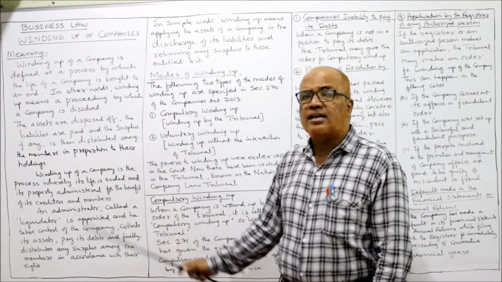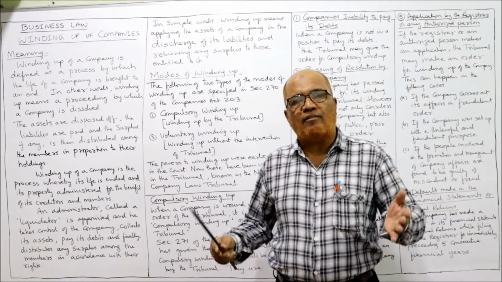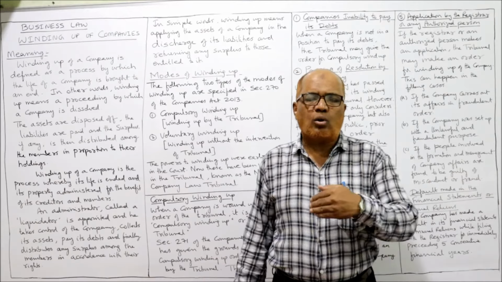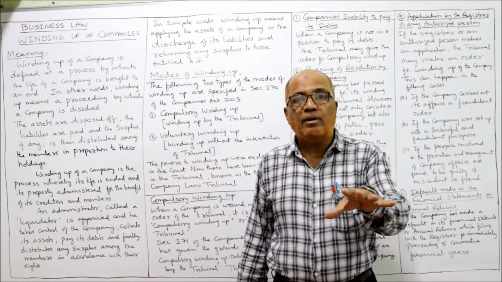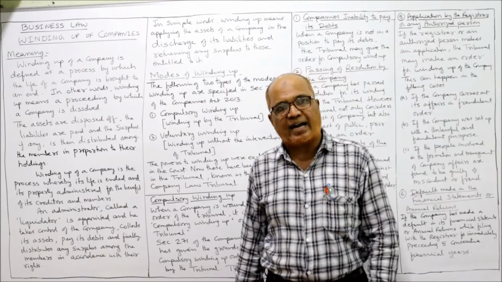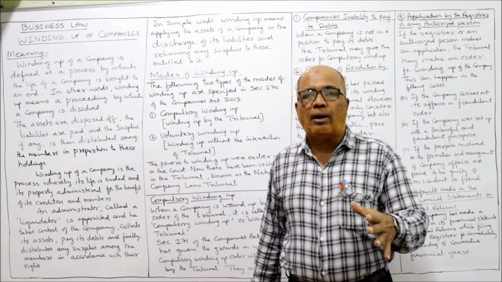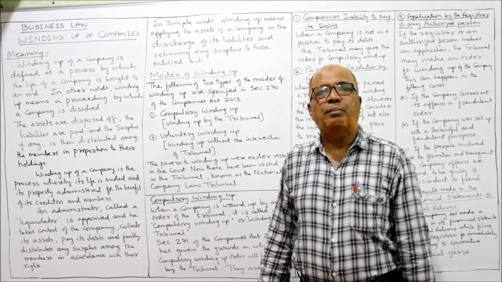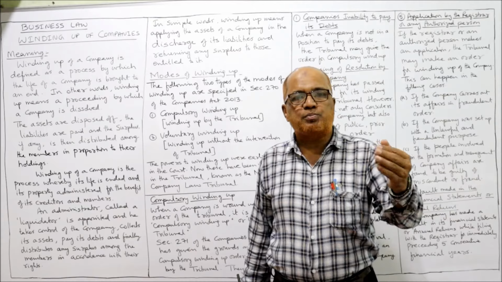Then the assets are disposed of. If we have a sole trading concern, our private business, we can close our business as we like. But a company will be closed according to the provisions of the Companies Act. At the time when the company is wound up, all the assets of the company will be disposed of.